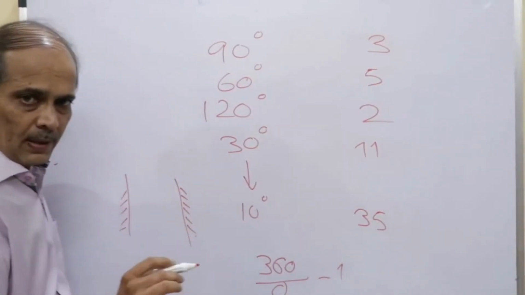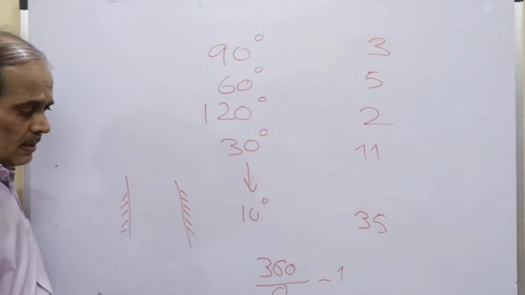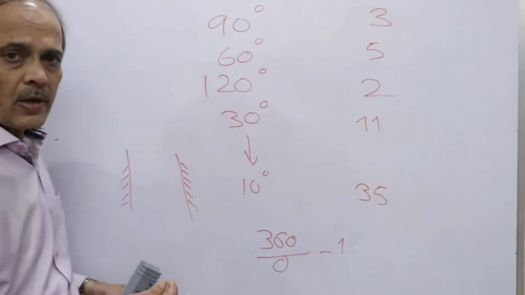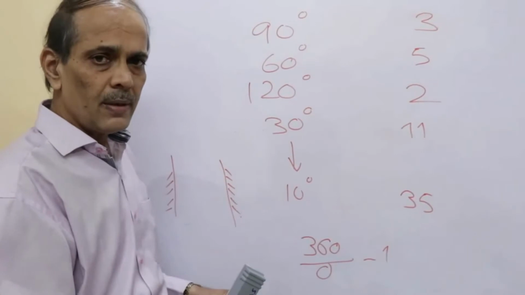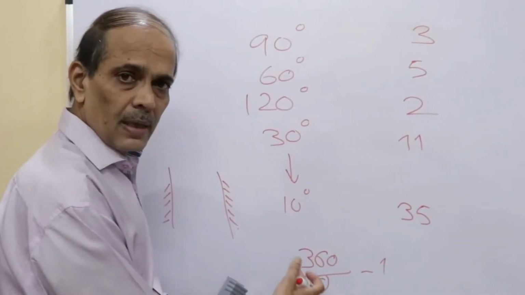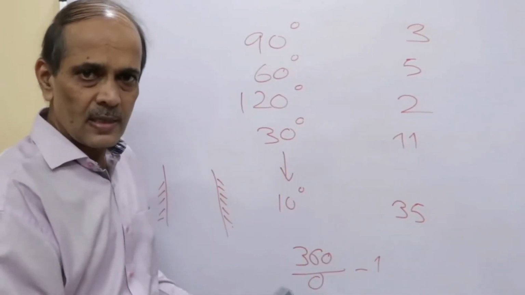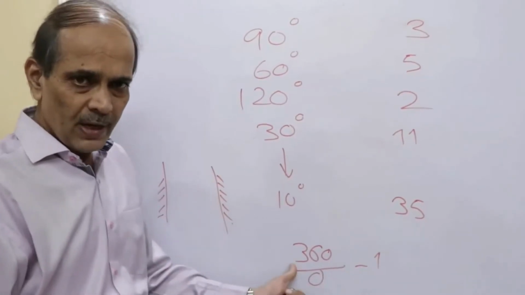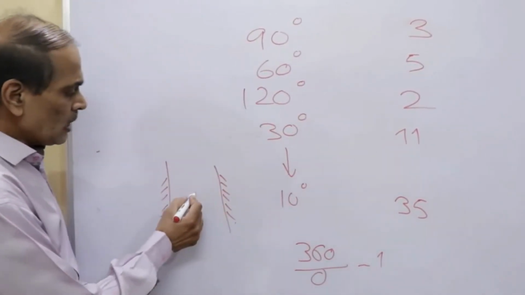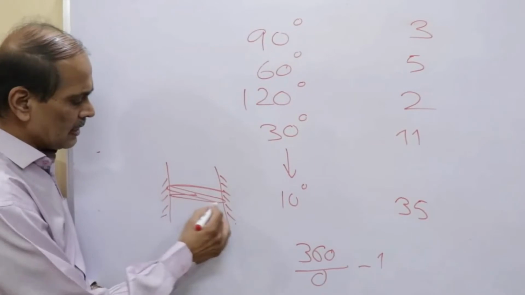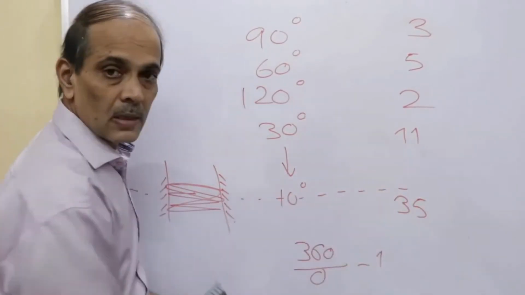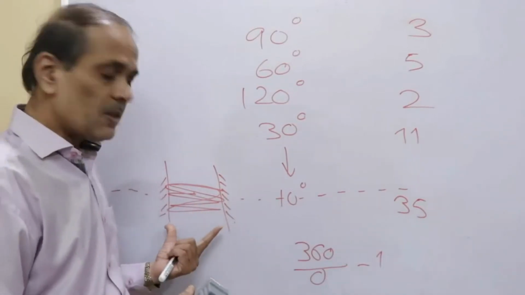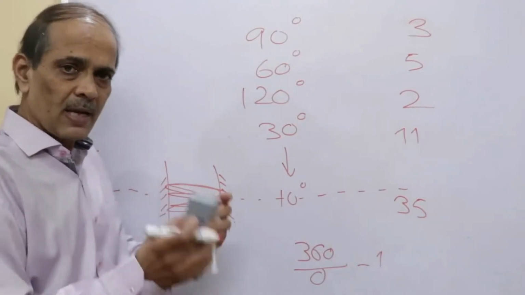Anything divided by 0 is infinity, the infinite number, and an infinite number minus 1 is again infinite, so you can't say it's 1 less than that. So it's infinite. When you place an object, the bouncing off of rays keeps happening, and you get an infinite number of images in a pair of mirrors placed parallel to each other.